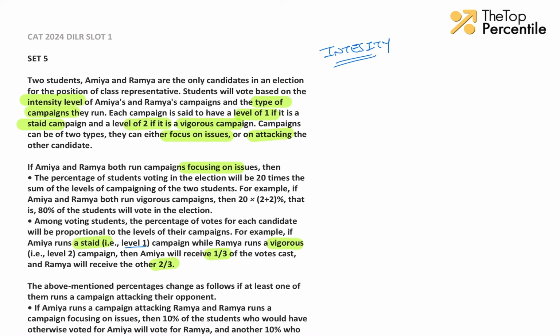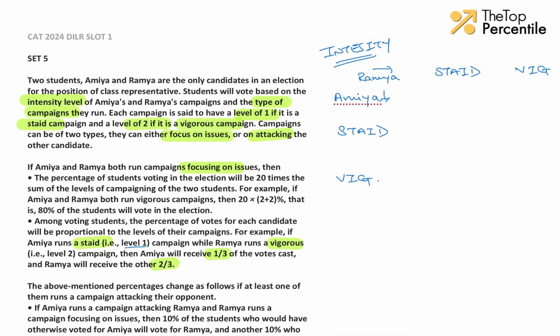Okay, so I have Amya here and I'll have Ramya here. The intensity levels that they operate on are either staid or vigorous. Ramya as well, it will be either staid or vigorous.